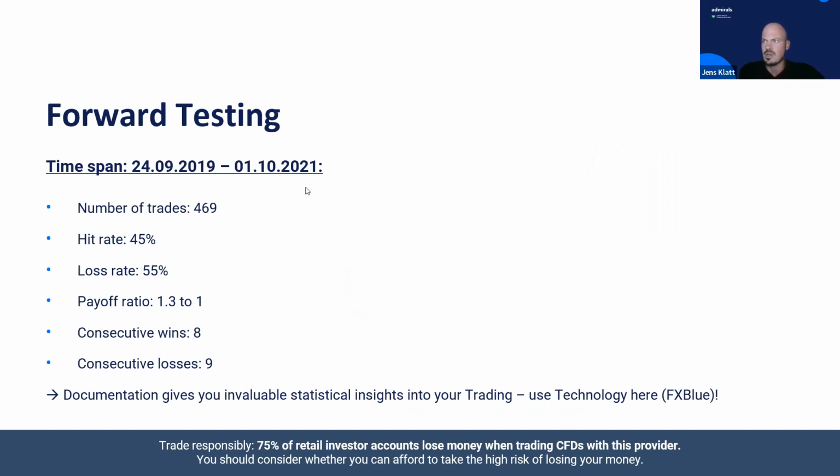I stopped this back test when I prepared the presentation. So you can see it's another 2 years we are looking at here. And we see a number of trades, and these are real trades, so trades which were done in real market conditions. You have 469 trades during this time span with a hit rate of slightly below 47%.